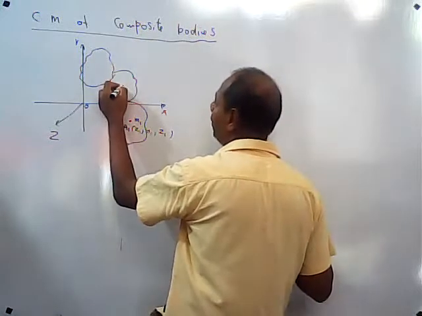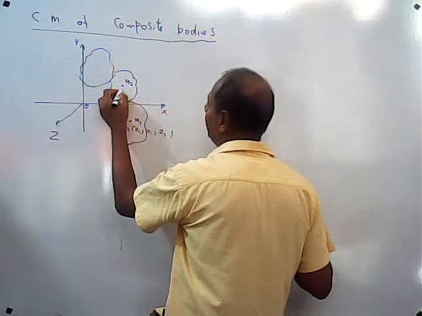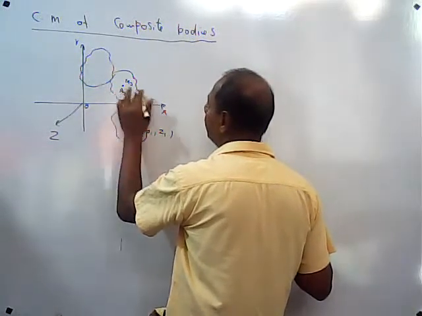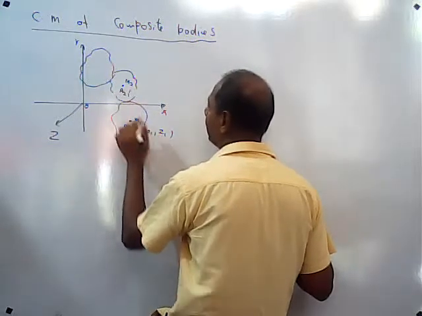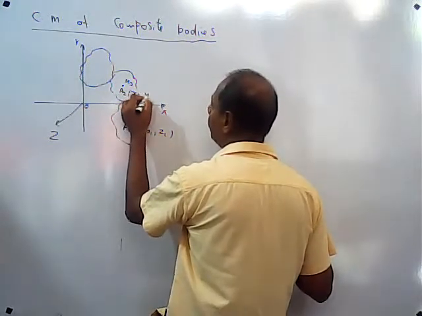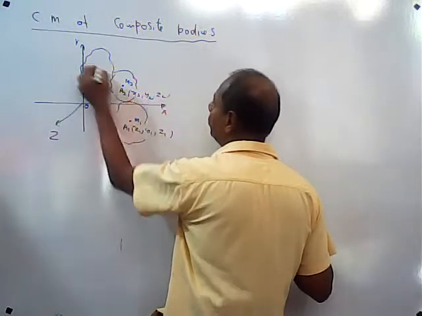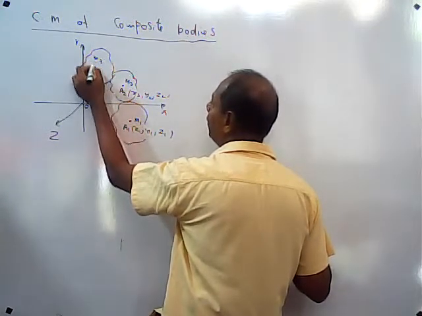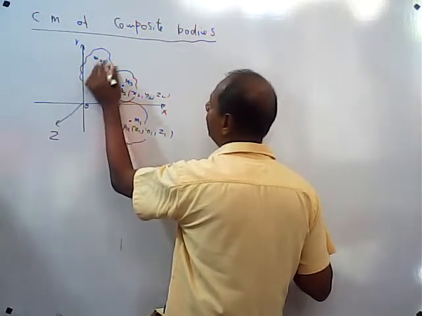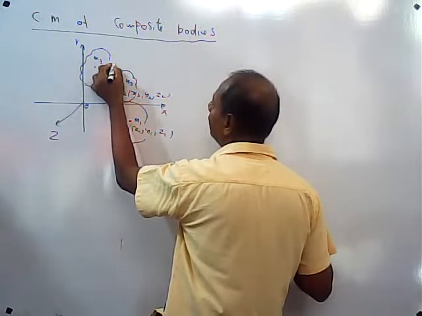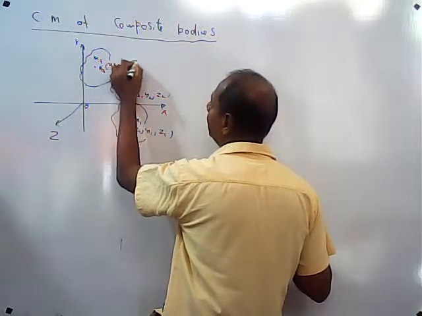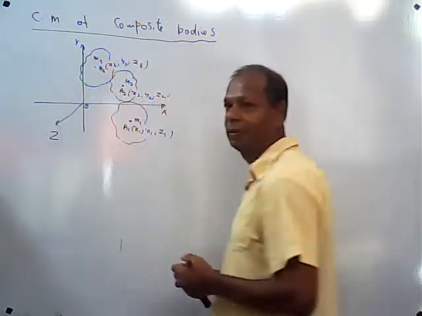The other body is m2 at point A2 with coordinates x2, y2, z2. This is the other one of mass m3 at the point A3 of coordinates x3, y3, z3. Right?